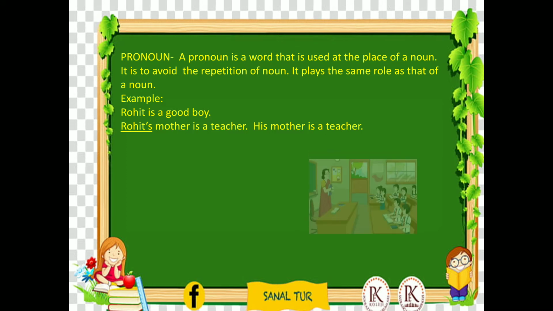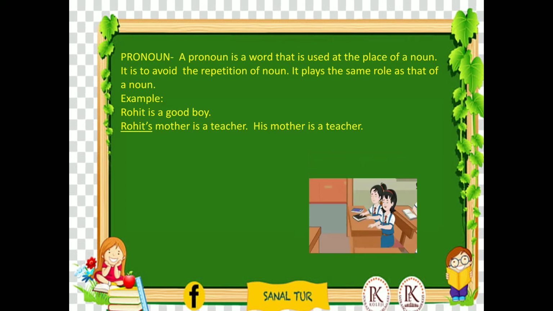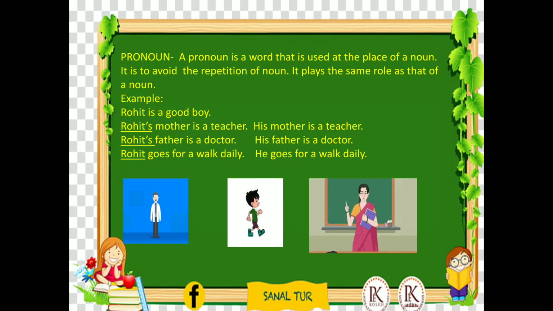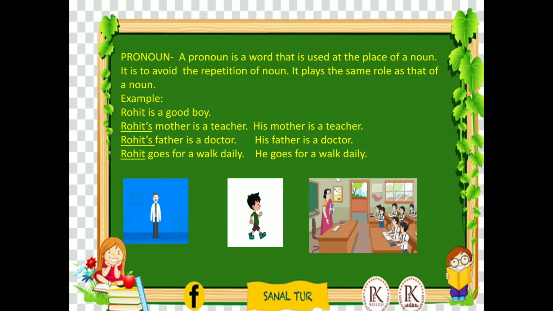Rohit is a good boy. Rohit's mother is a teacher. Rohit's father is a doctor. Rohit goes for a walk daily. So, to avoid the repetition of the subject Rohit, we will write these sentences like this.